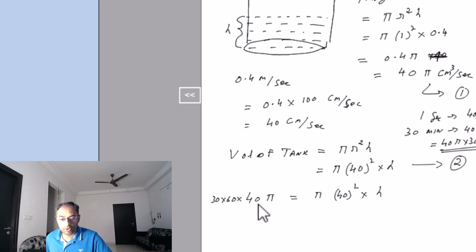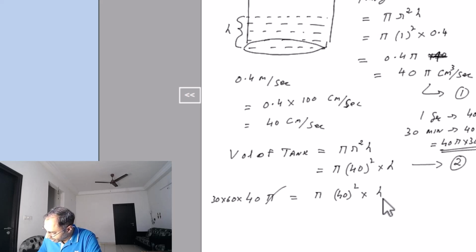So the volume of the water flowing through the pipe in half an hour is equal to the volume that gets filled in the tank in half an hour. This volume we know. The only thing that we do not know here is the height of the tank. So that is what we have to find using this formula.